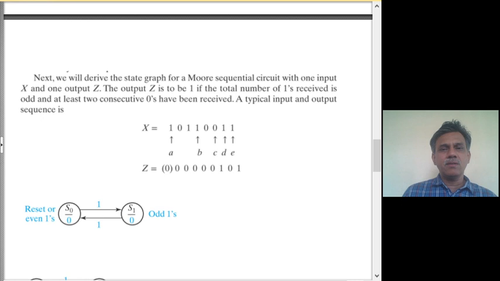So in one sense, it comes with practice. In that sense, it is also an art. The more you practice designing sequence detectors, the more conversant you are in designing them with fewer mistakes and also in a manner where the states are reduced.